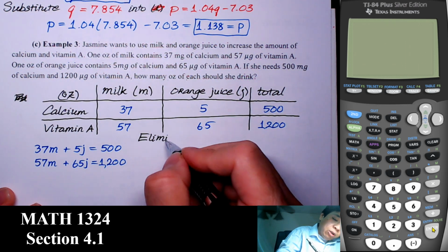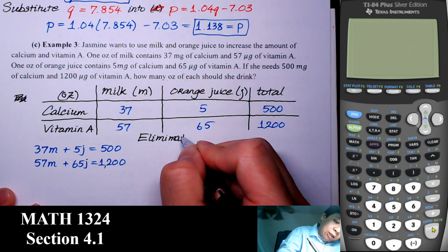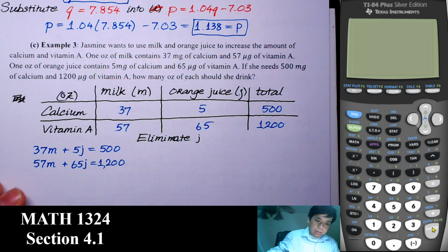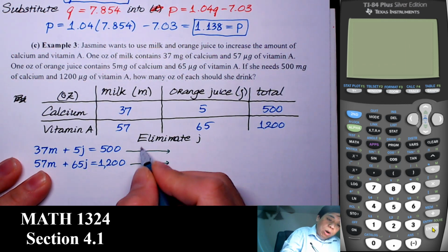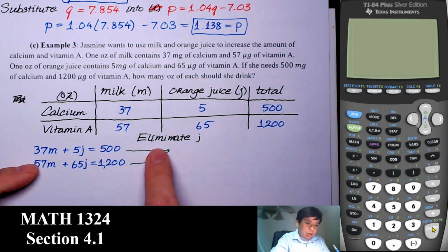So what do we need to multiply in here to get them equal? We try to get to the same number.